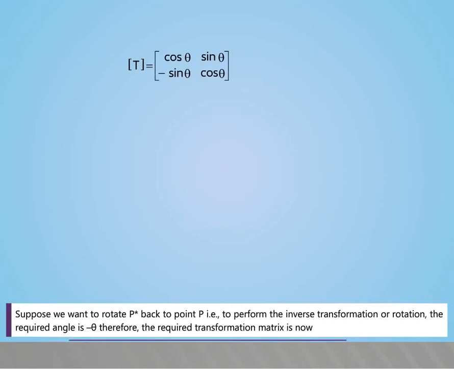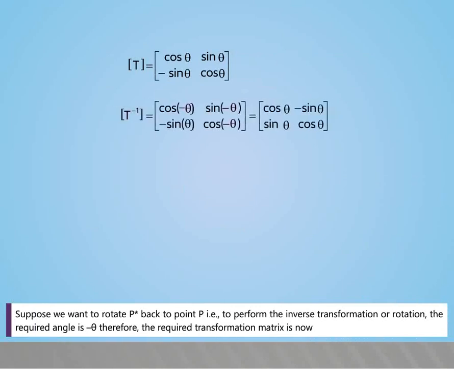T is equal to the matrix [cos theta, sin theta; minus sin theta, cos theta]. T to the power of minus 1 is equal to the matrix [cos minus theta, sin minus theta; minus sin minus theta, cos minus theta], which is equal to the matrix [cos theta, minus sin theta; sin theta, cos theta].